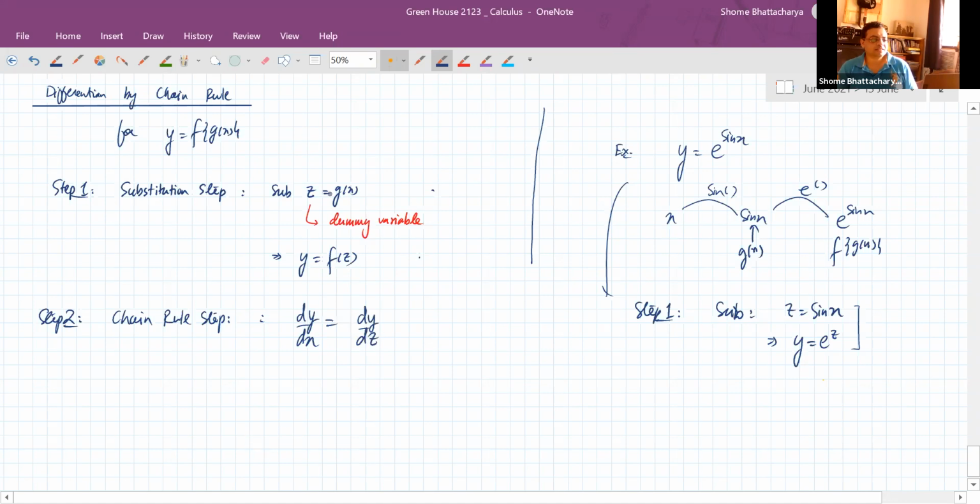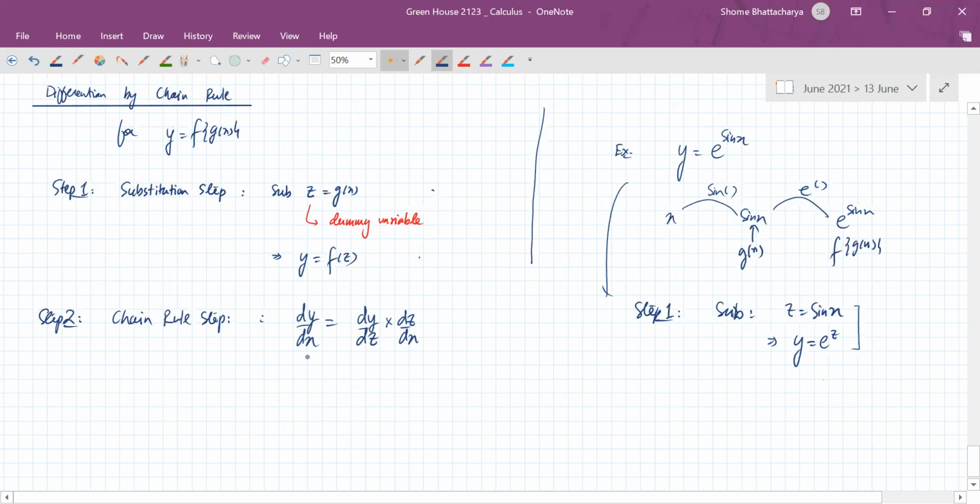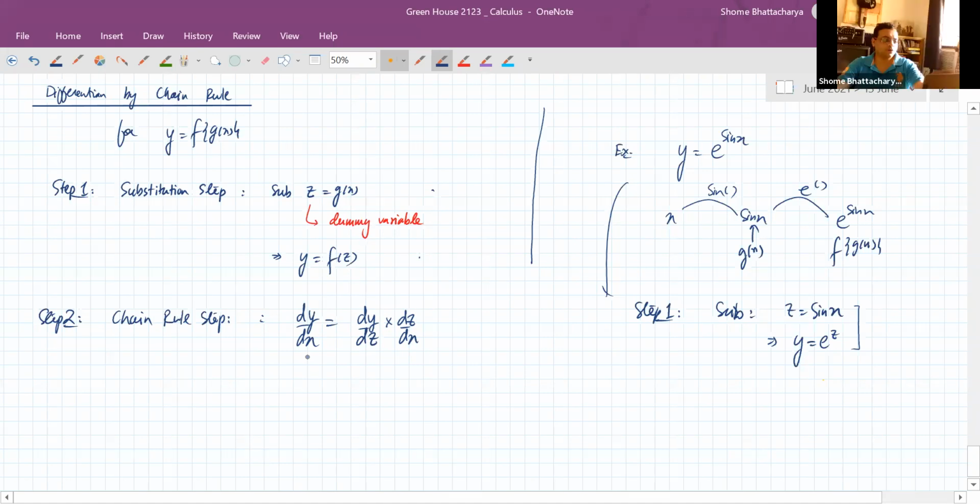And z is a function of x, so if I differentiate z with respect to x, I'll get dz by dx. And when I multiply these 2 terms, that should be equal to what? Dy by dx. You understanding now? Change in y upon change in z into change in z upon change in x. That should give me what? Rate of change of y with respect to x. So it's a logical step.